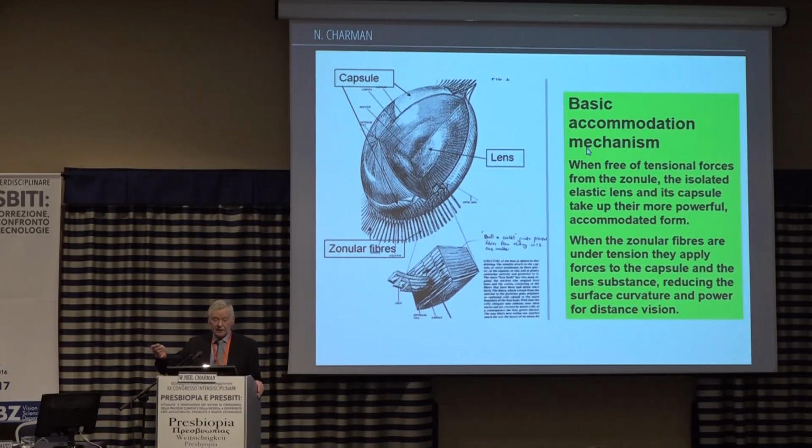So you take the lens out of the eye, of a young eye, and it's in its accommodated state. That's the natural state.